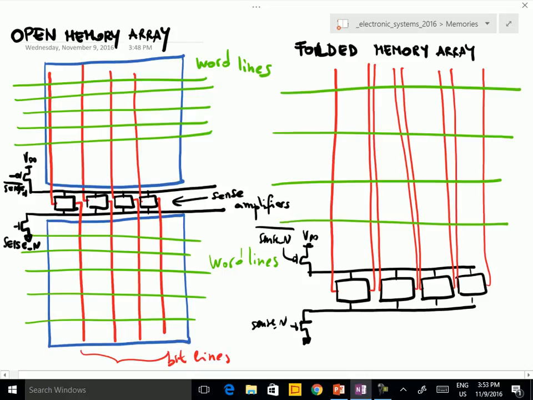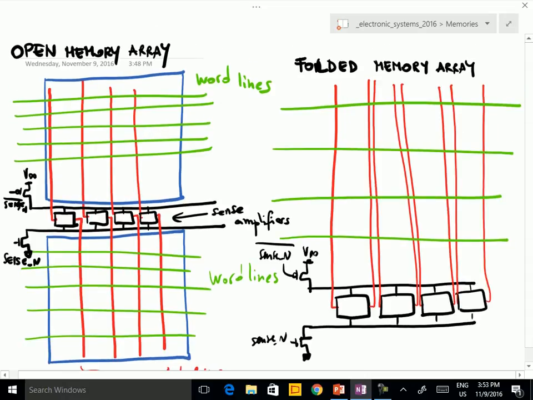And in this case we have, for example, in this position a bit line with a cell, but here for the second one we have no cell, and we have a cell here.